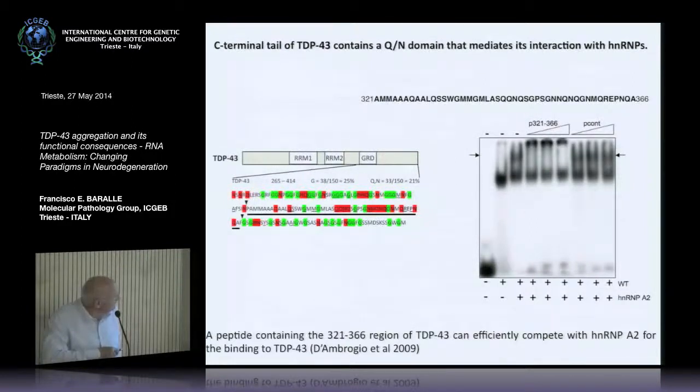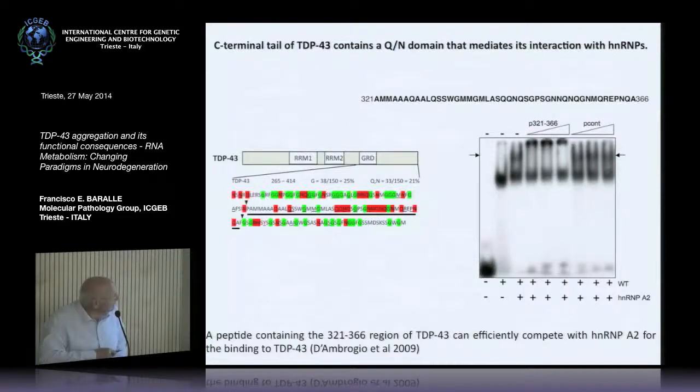We were immediately attracted to this region of the C-terminus with a series of Q and N, glutamine and asparagine amino acids. We made a peptide and competed it in a gel shift experiment in an hnRNP A2 complex to see if there was an interaction that was in some way interrupted or disturbed by this peptide.